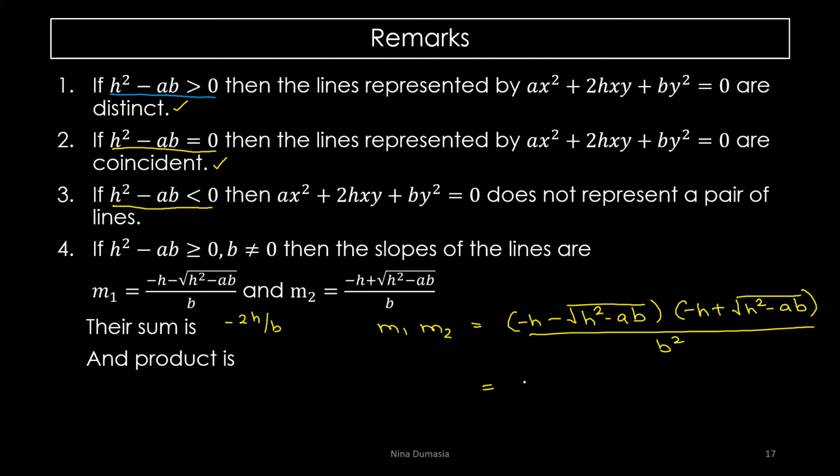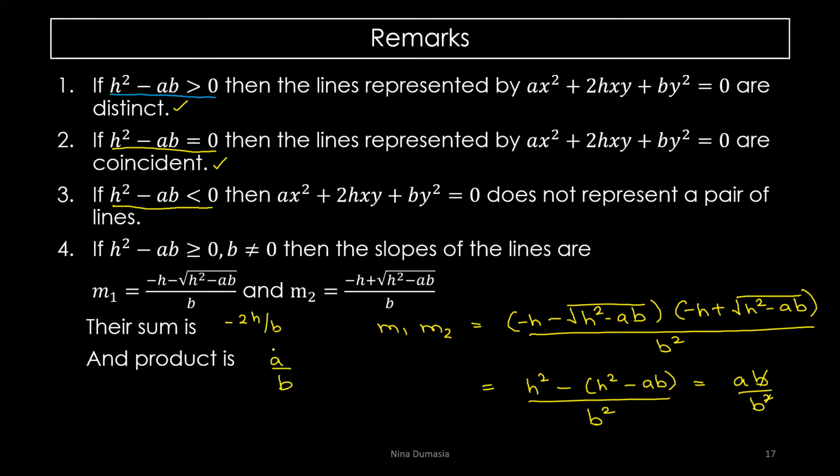We will get minus h the whole square, which is equal to h square माइनस जो ये स्क्वायर रूट के अंदर है उसका स्क्वायर. तो that becomes h square minus ab, जिस स्क्वायर रूट साइन ही चला जाता है, divided by b square. Now h square gets cancelled and therefore we are left with ab divided by b square. एक b cancel हो जाता है and we are left with a by b.